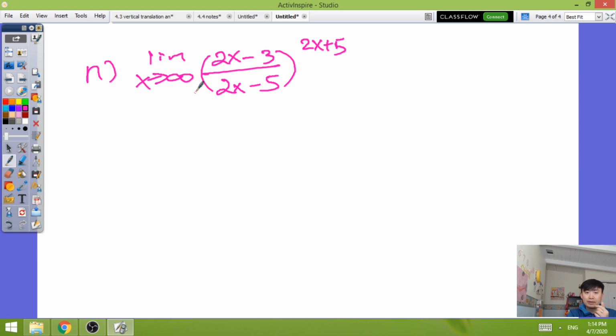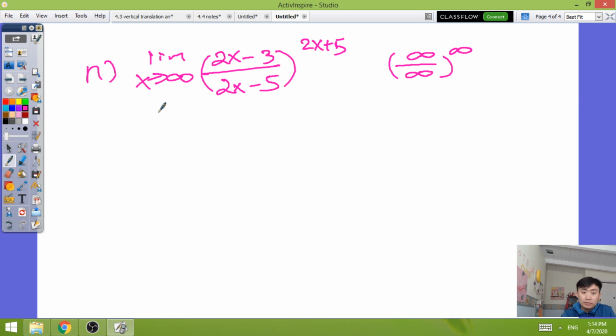So again, you plug in infinity, we do have infinity over infinity for the quantity, but also outside we do have infinity. So it's a weird structure here. Obviously the inner quantity already satisfies the indeterminate form.